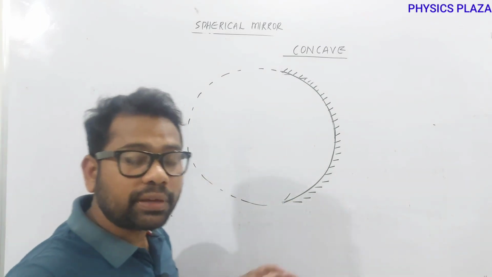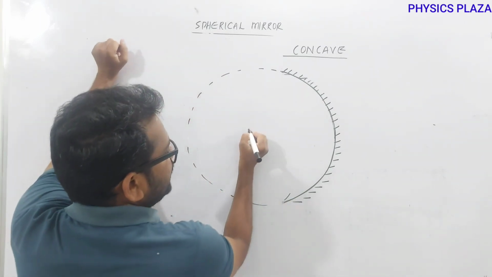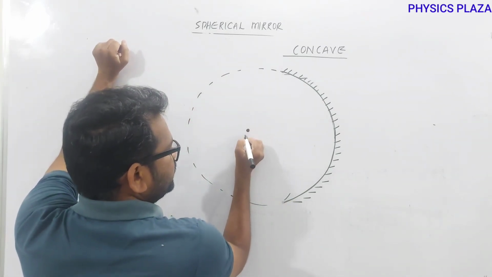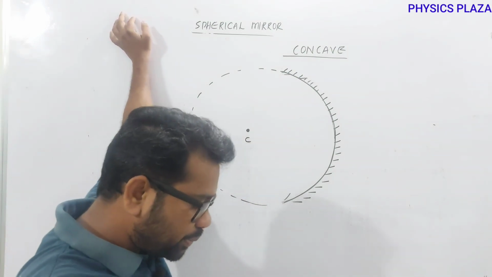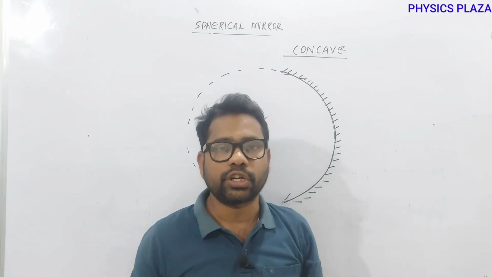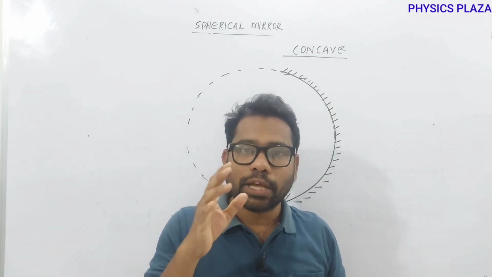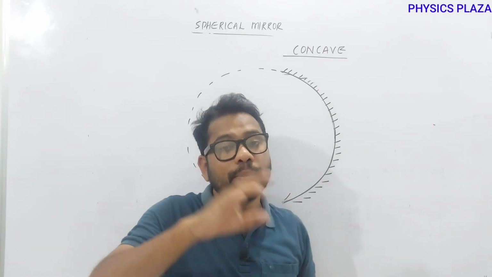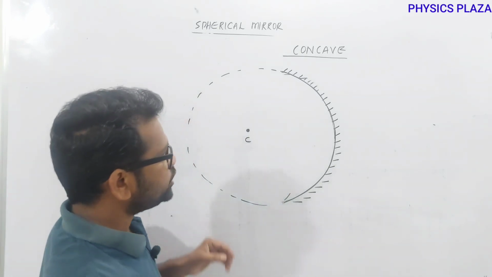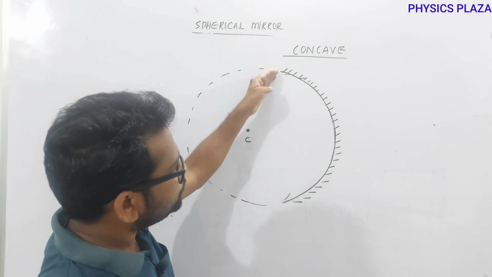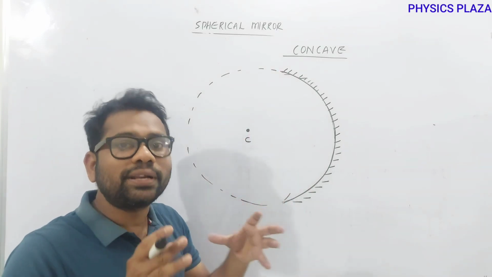Yes, it was a part of a glass hollow sphere, and that glass hollow sphere has some center. This we call the center of curvature. So in the exam, they may ask you to define the center of curvature. The center of a glass hollow sphere of which a spherical mirror was a part is called the center of curvature.